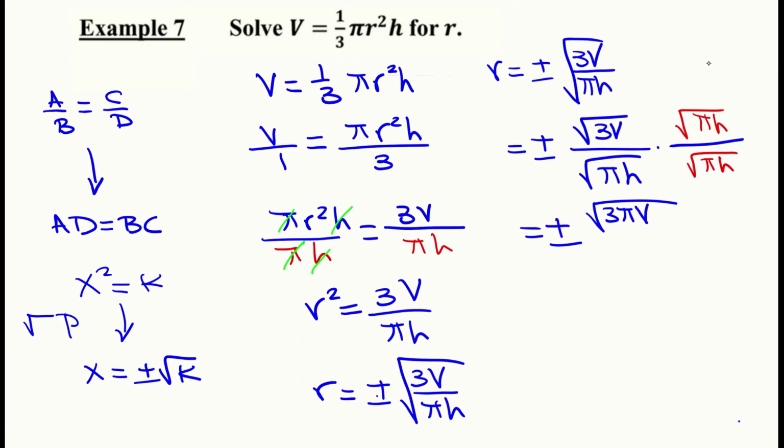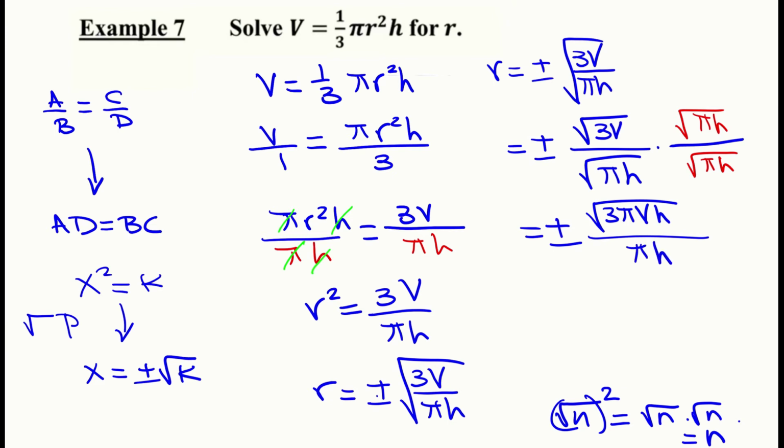And then vh over, now we know that the square root of a number times the square root of the same number just gives us the number, right? As long as the number is positive, right? So we notice that here we have that scenario, so we're just going to end up with pi h.